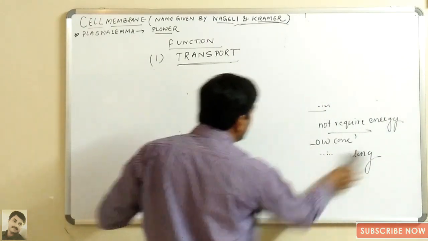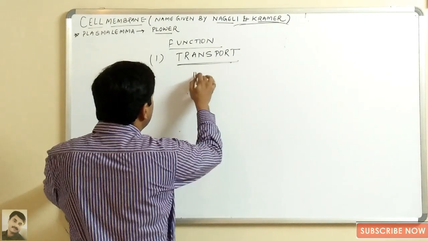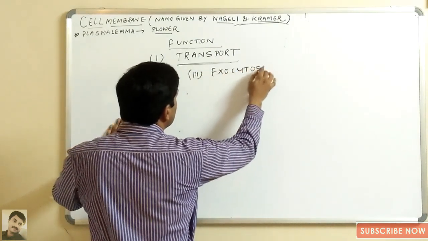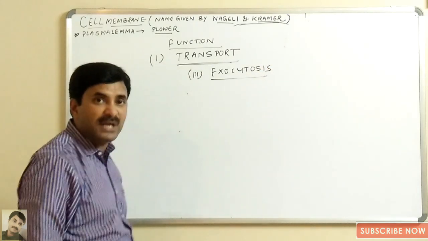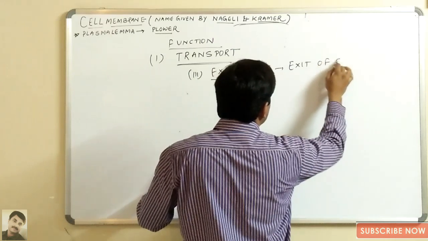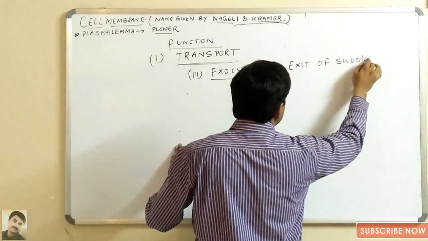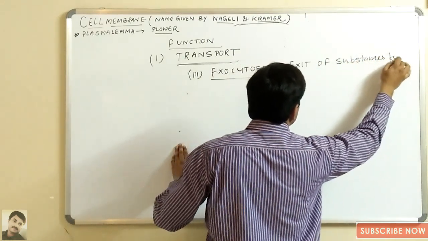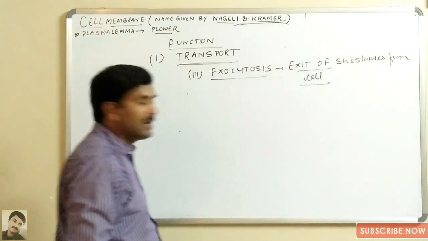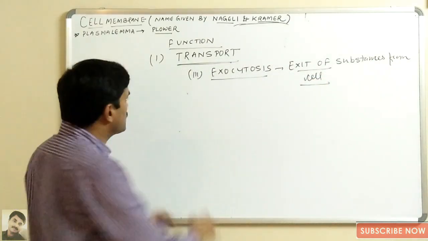Now the third one, that also comes under transport, is exocytosis. Exocytosis means exit of substances from the cell. Certain substances are thrown out of the cell by a process called exocytosis.